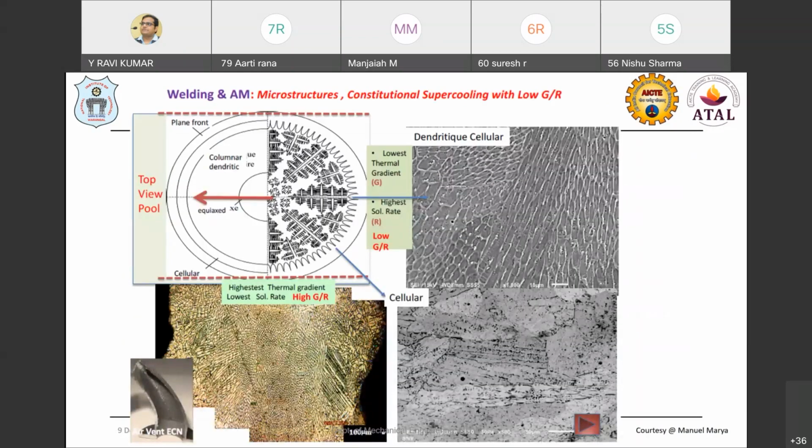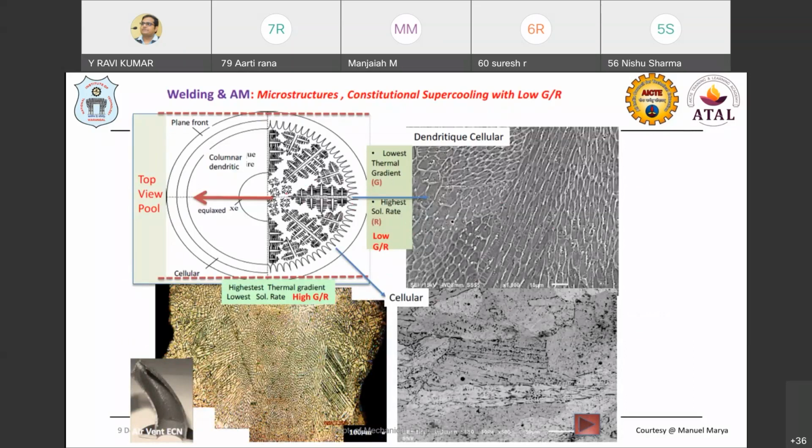And if you see the microstructural aspects of welding science, this is how solidification takes place, even in TIG welding or MIG welding or in the metallurgy manufacturing process. The dendrites grow from the outer wall to the inner wall. This all depends upon the temperature gradient as well as the solidification rate, or you can say the cooling rate.